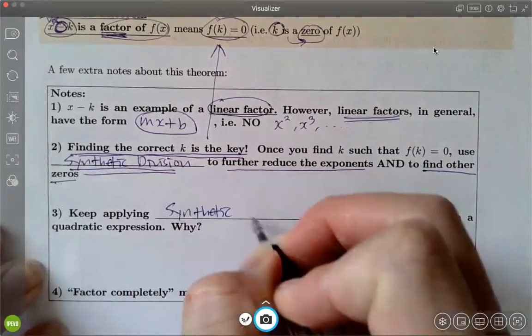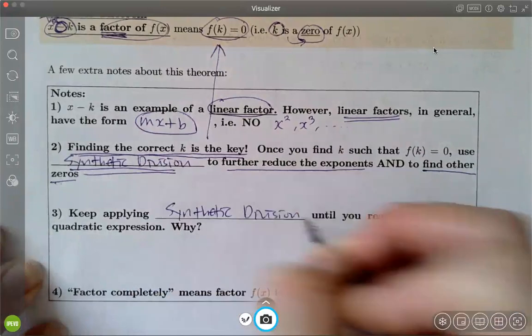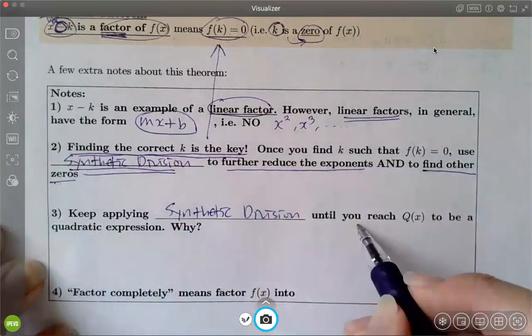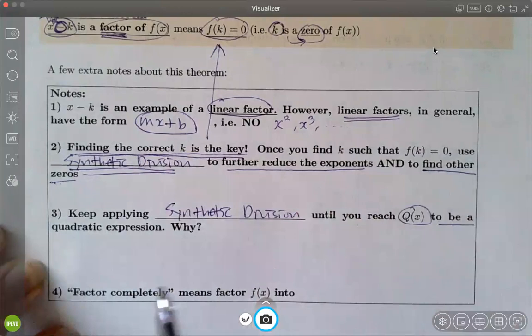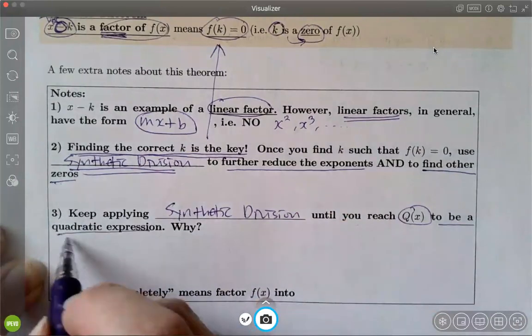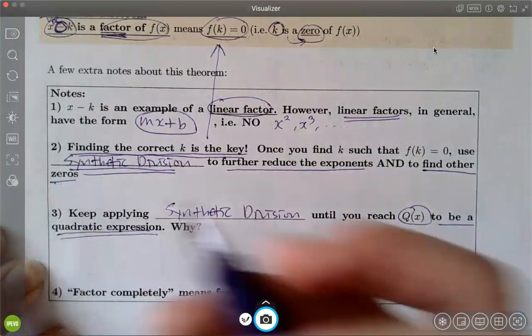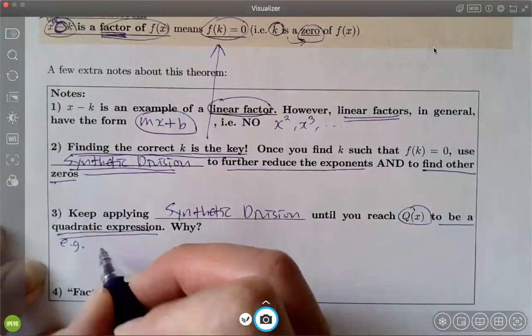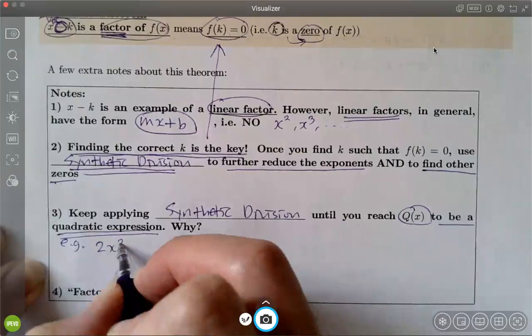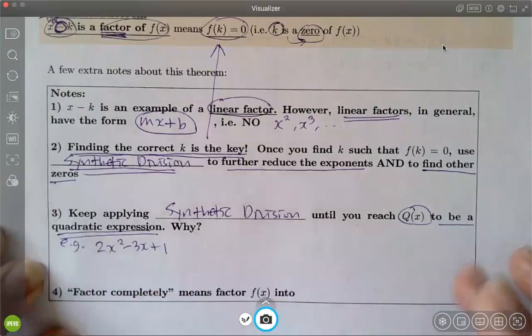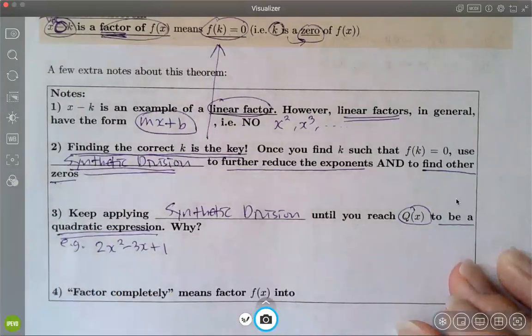Keep applying this synthetic division until you reach the quotient, remember that's the notation for q of x, to be a quadratic expression, such as when we have something like this. Now why do we want to go until the quotient is a quadratic expression?